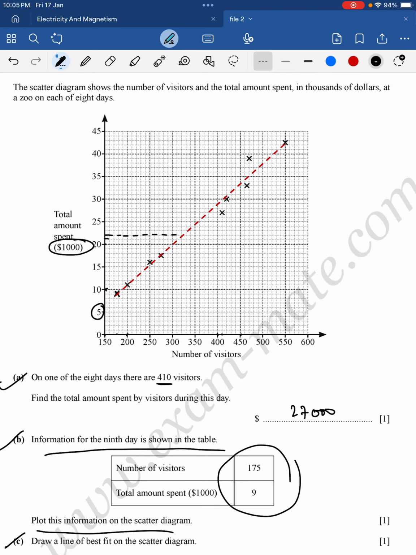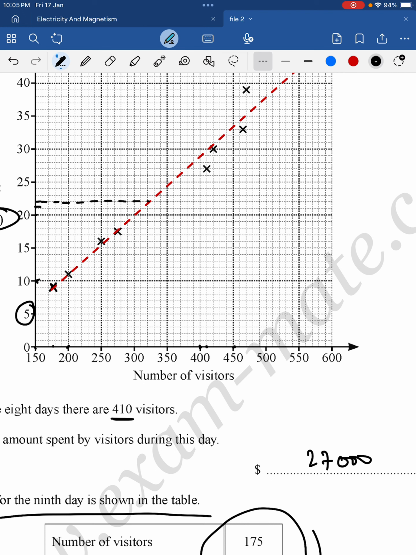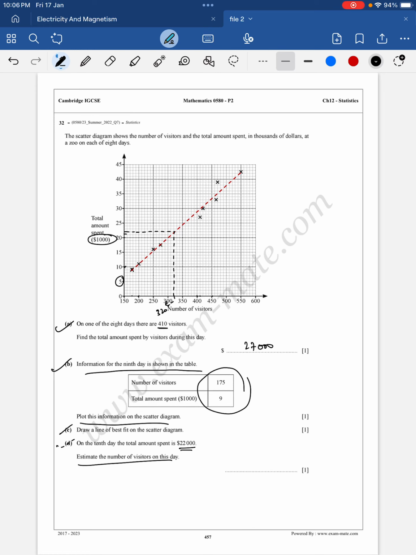So we have this point, and if I go vertically, I'm getting this point. This is 300, this is 350. In between these 5 squares, 1 square is equal to 10. So 300, 320. So 320 visitors on this day.